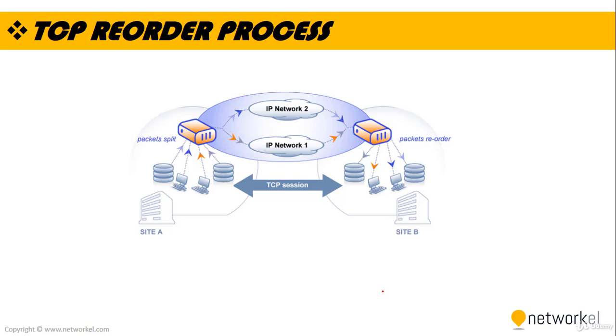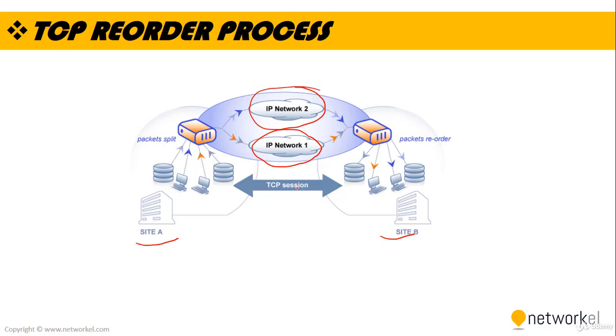Let's talk about the TCP reorder process right now. If you want to send a packet from site A, as you can see here, to site B, you have two different networks, IP network 1 and IP network 2. When packets are being sent, segments may split to different paths.